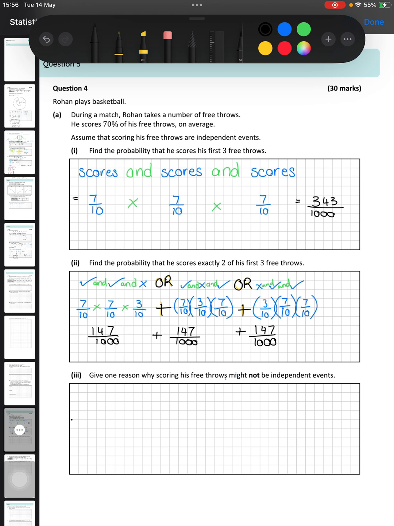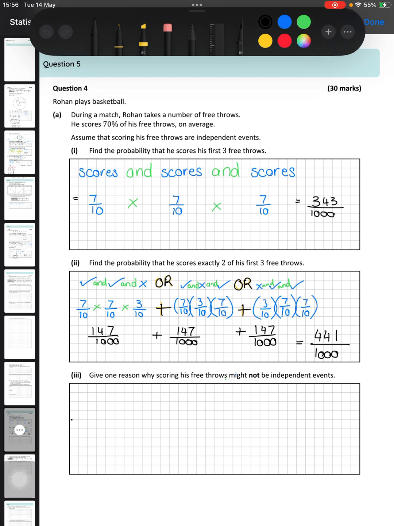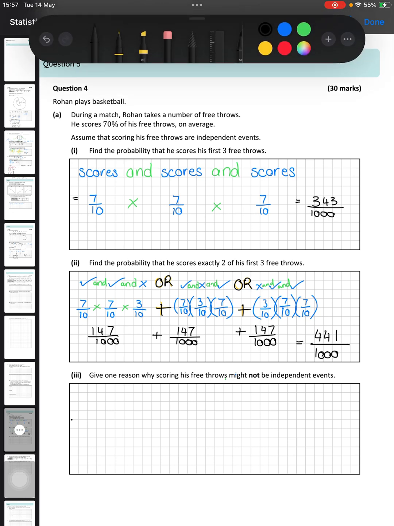Okay, so that's the same as multiplying 147 over 1,000 by 3, which will give us 441 over 1000.